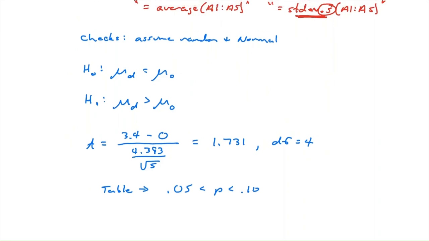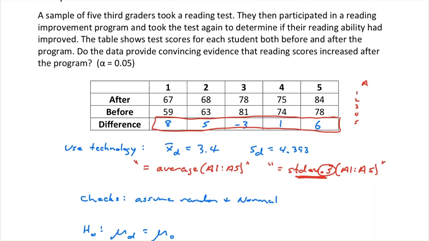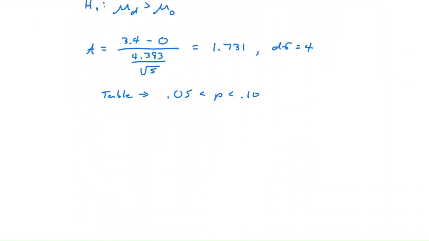Okay. Now, in this case, we were using an alpha value of 0.05, and so we actually are not going to reject the null in this case. P is greater than 0.05, so we fail to reject the null.